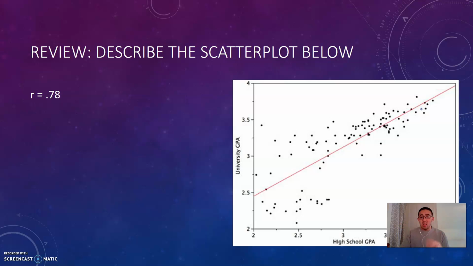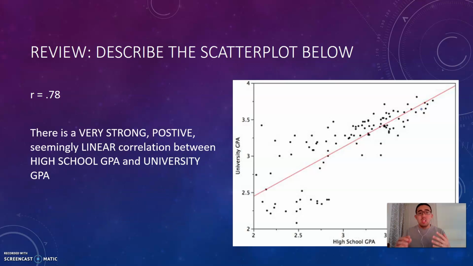So we're going to be looking at a lot of scatter plots. My R value here is 0.78. If I were to describe this scatter plot, what I would say is it has a very strong positive, seemingly linear correlation between high school GPA and your university GPA. Strength, direction, context.